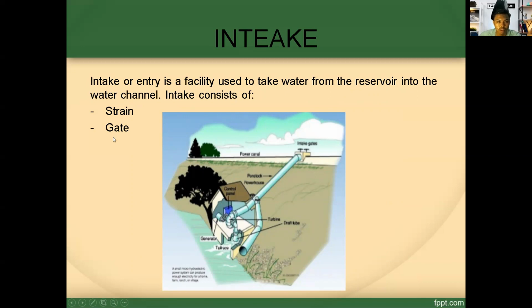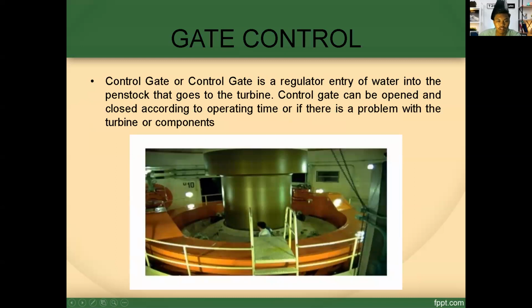Intake consists of a strainer and gate. Control gate is a regulator of the entry of water into the penstock that goes to the turbine. Control gate can be opened and closed according to operating time or if there is a problem with the turbine or components.